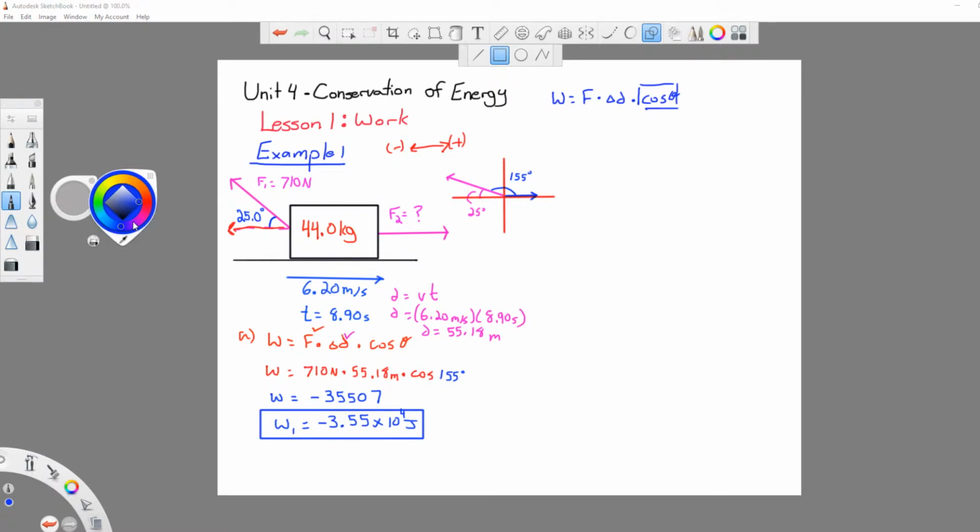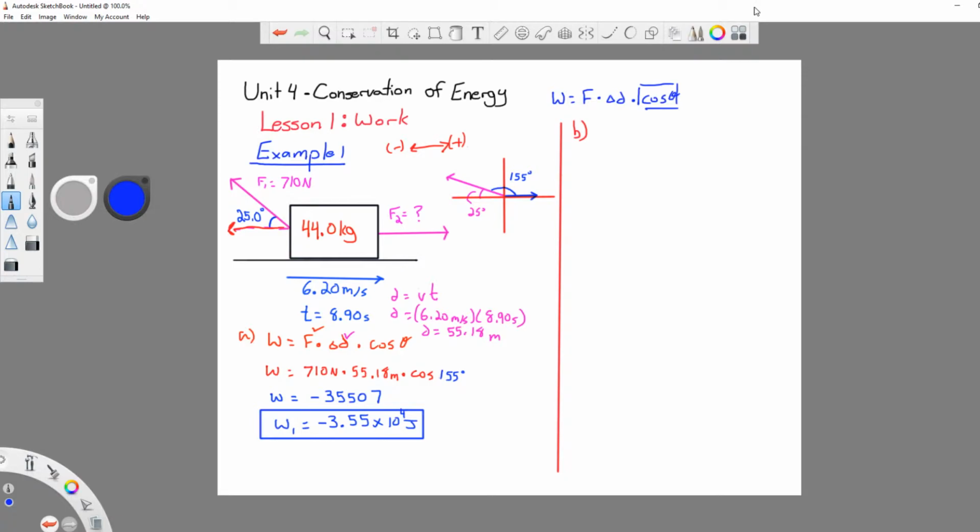So part B, I'm going to make myself a little divider line just to keep things tidy. And part B, start this one in blue maybe. Okay, so we're told that this object is pulling in uniform motion. Actually, part B is going to be quite straightforward, I hope.